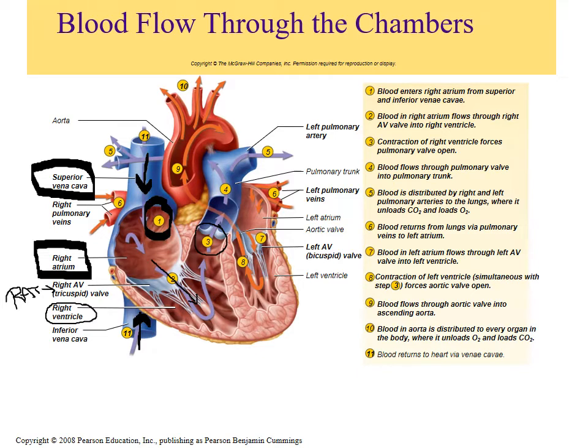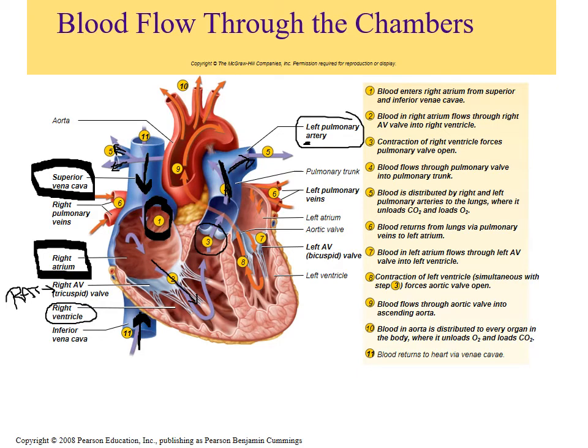It's going to go through the pulmonary semilunar valve into our pulmonary trunk, which is this big blood vessel right here. The pulmonary trunk will give rise to the pulmonary arteries because it's going to carry blood away. You have 3 of them, 1 on the left, 2 on the right. Okay? Now, the pulmonary arteries, they are arteries because they carry blood away from the heart.